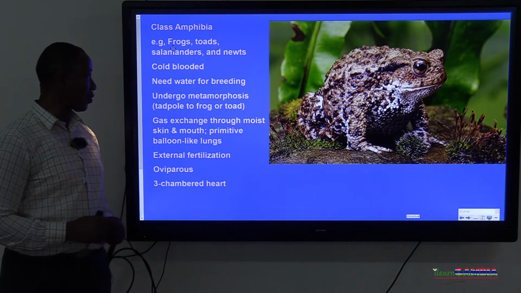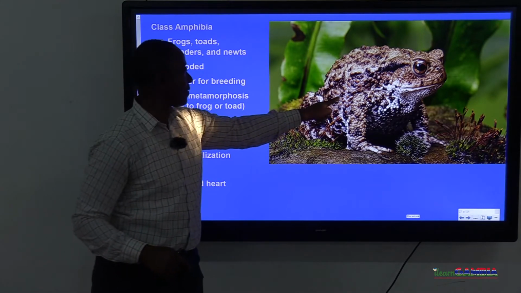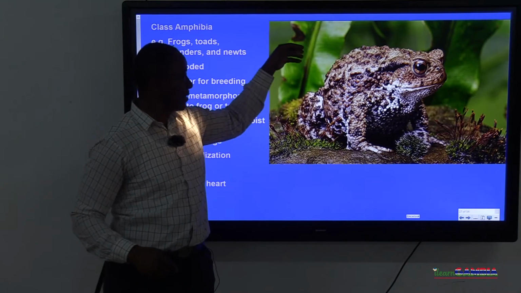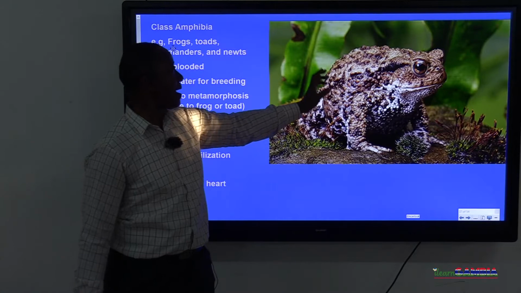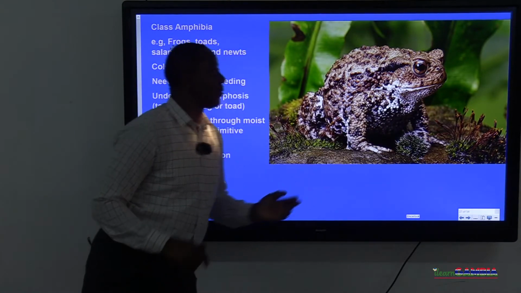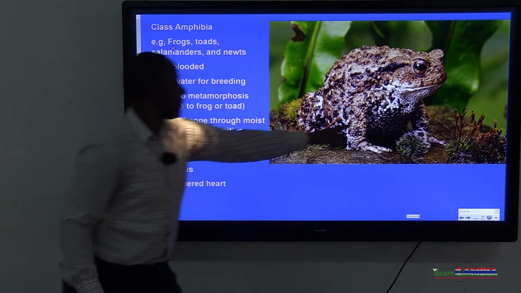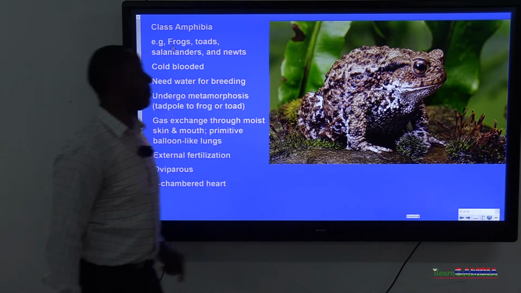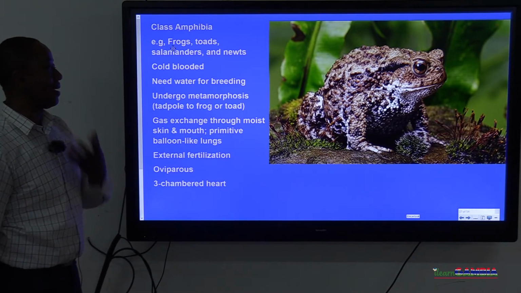Gas exchange occurs through 3 means. One is the skin itself. The skin is such that gases can easily diffuse into it and go into the blood vessels. The second is they can use their mouth. They open their mouth so that they can pump this piece of skin at the bottom of the mouth. That will act as a breathing mechanism, so they can be pumping air in and out.